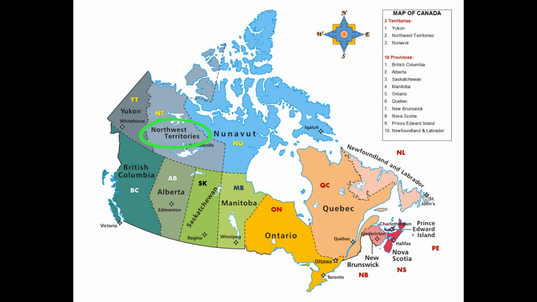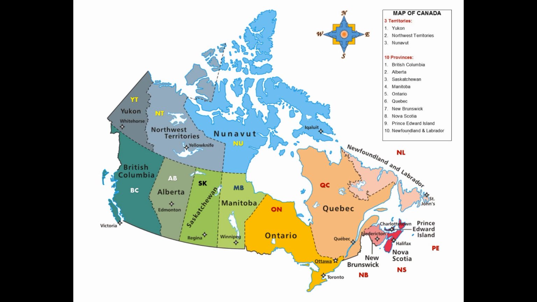Okay, great. Now we have the next eastern territory to that, which is Nunavut. Nunavut. And we'll see the 2 letters that correspond to that territory are NU.